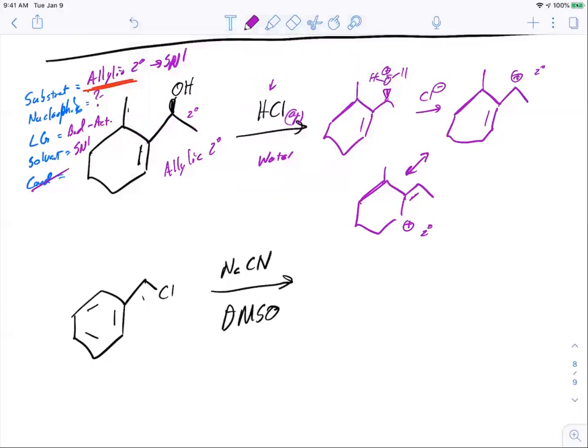Yes. Now, since they're both secondary, what does that indicate? They're going to indicate that I'm probably going to have a pretty good mixture of the two. But since it asked me to predict the products, here would be the nucleophile attacking that carbocation and the nucleophile attacking the other carbocation.